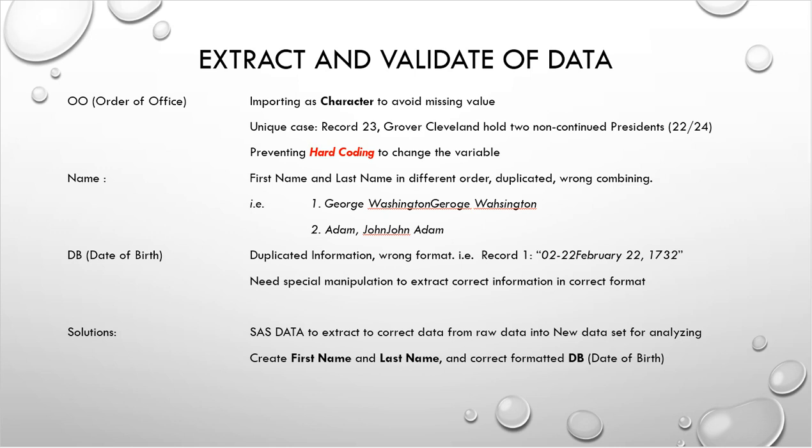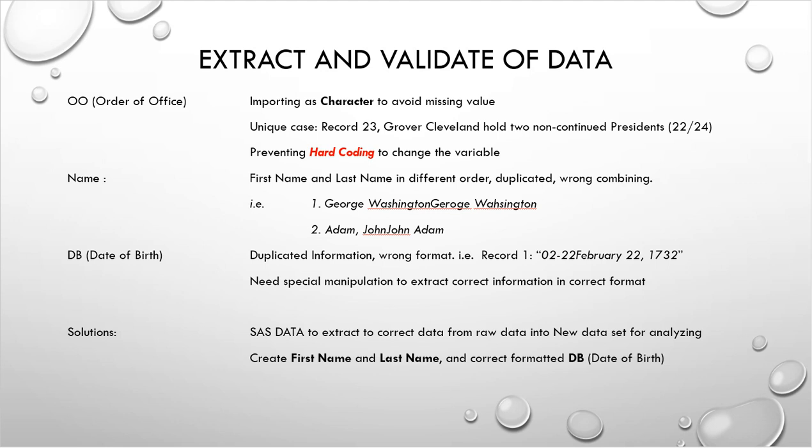When we import the data, we need to extract and validate the data. Like the raw data contain the order of the office. When importing it, if we import it as numeric, it definitely causes missing values. Like the unique case here, record 23, President Grover Cleveland.